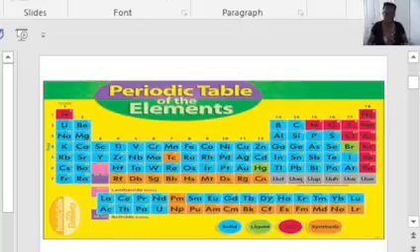Now the groups, they are longitudinal. There are up to 18 groups. Some are numbered and some are not. Some of the more common groups that we have heard of are metals, non-metals, alkali metals, alkaline earth metals. Those are two different ones. Sometimes persons mess them up, but they are different. And you also have noble gases as well.